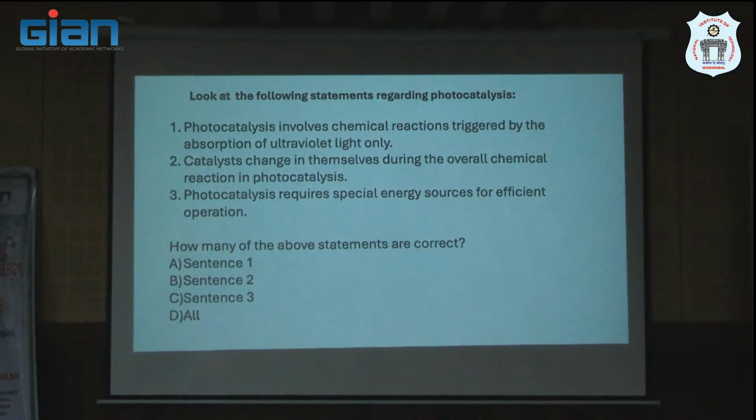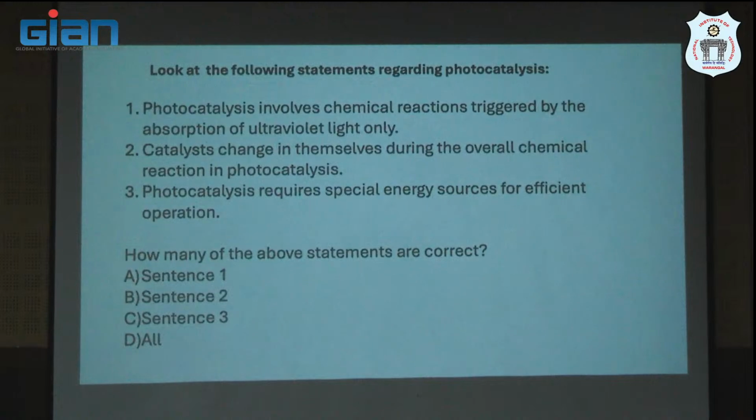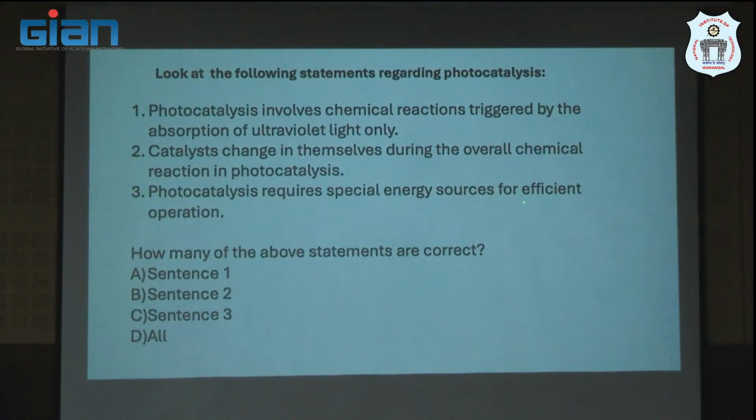And third: photocatalysis requires special energy sources for efficient operation. So there are 3 sentences. How many are correct? Sentence number 3 is correct. 1 is correct and 3 is correct.